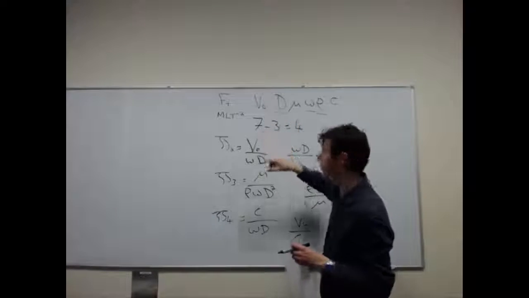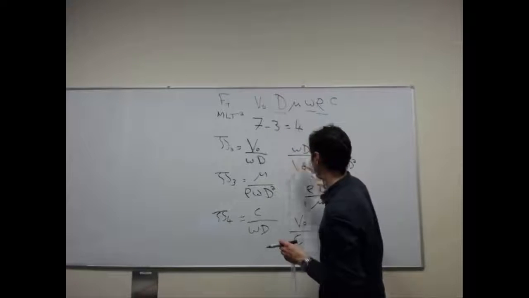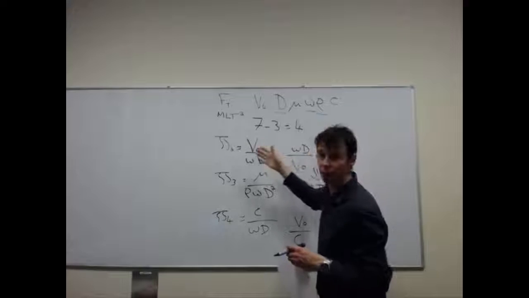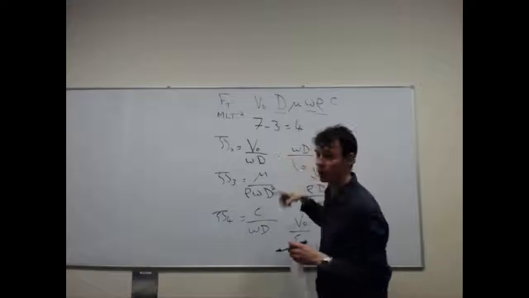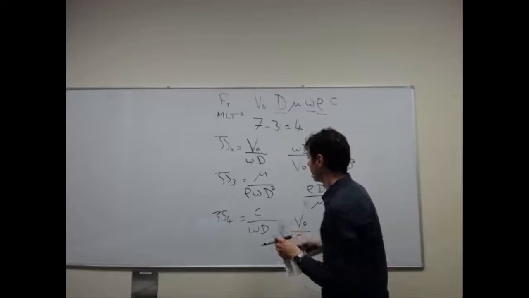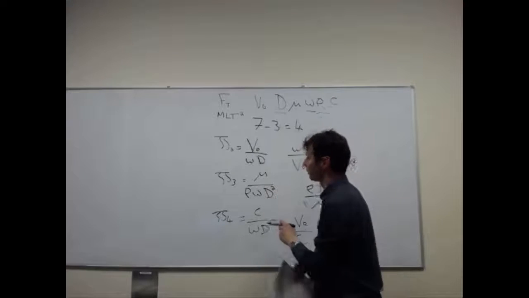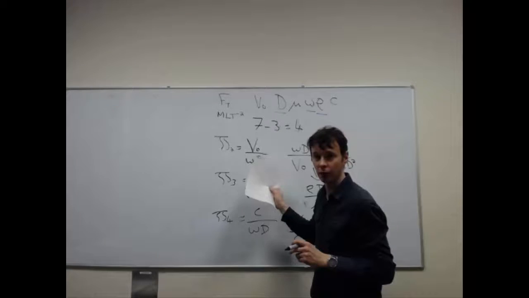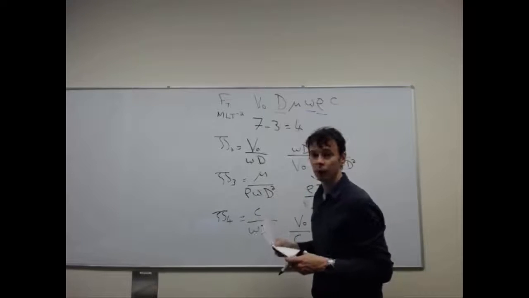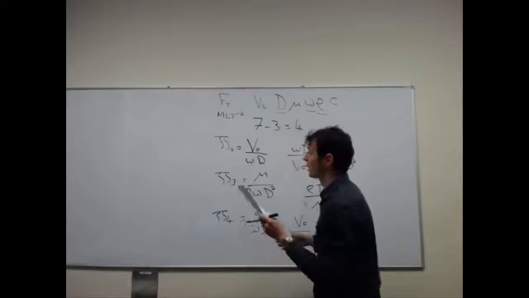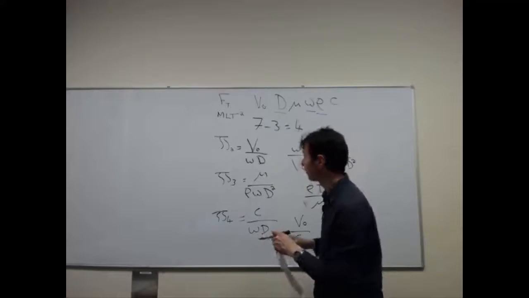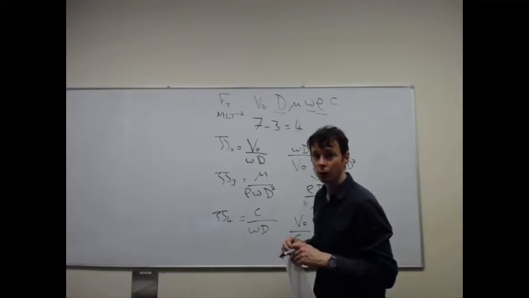But you can still combine the groups, divide one by the other, multiply, invert them, to ultimately get to the same answer. So these are the other three groups, but it's that first pi group involving the force and that equation that I showed before that you use. You plug in one set of numbers for the model, one for the prototype, with just one unknown, and then you get the answer to question 4.6.